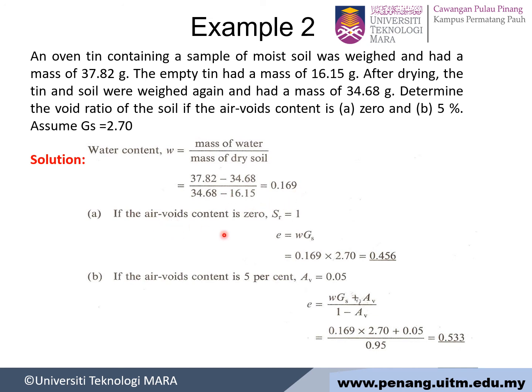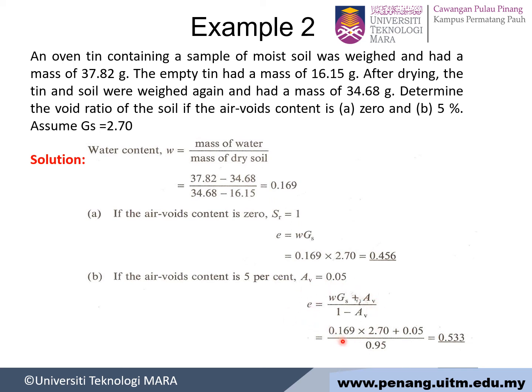Okay, air void content is 0, so Sr is equal to 1. e is equal to w Gs, so 0.169 times 2.7. So you will get e is 0.456. If the air void content is 5%, so Av is 0.05, you are going to use this equation.